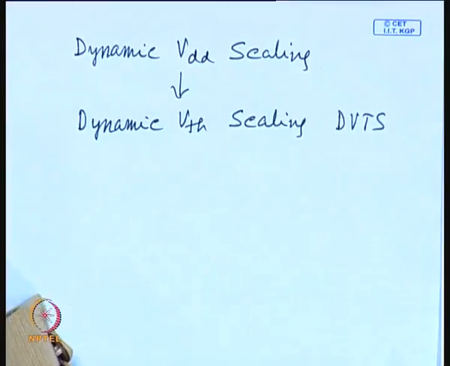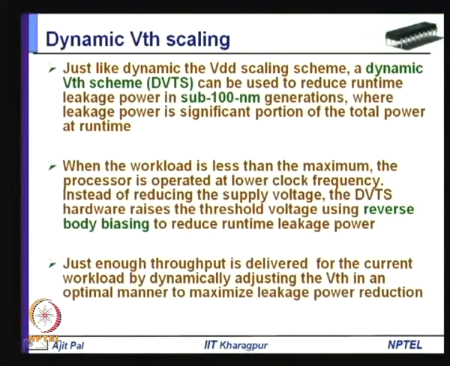And the basic approach is the same. When the workload is less than maximum, the processor is operated at lower clock frequency. However, instead of reducing the supply voltage, the dynamic threshold voltage system hardware raises the threshold voltage using reverse body biasing to reduce runtime leakage power.